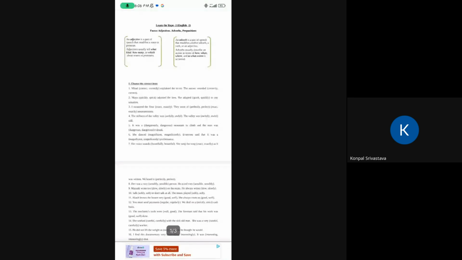Let us start for today's class. I hope most of you have an understanding of what adjectives and adverbs are, right? Some of us, or maybe most of us, have already looked at these things as separate units or maybe as parts of sentences before. So for our course, we're not going to get into a very detailed discussion on what adjectives and adverbs are.